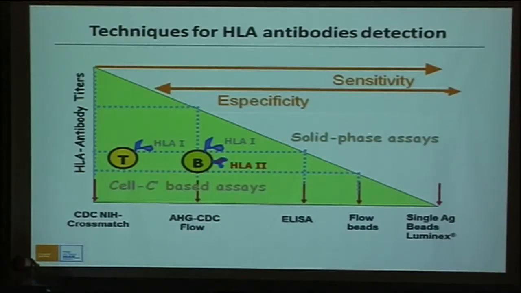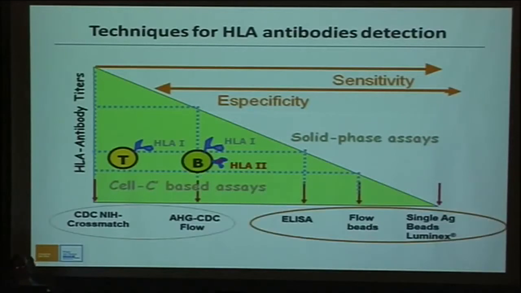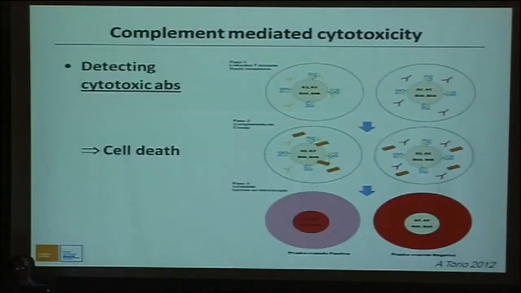You see directly the antibodies that the patient has in the blood that will or will not react with the donor antigens of the kidney that is transplanted. Initially it was an ELISA technique, then the flow beads, and more recently the single antigen beads with the Luminex technology that I will show you in a moment.